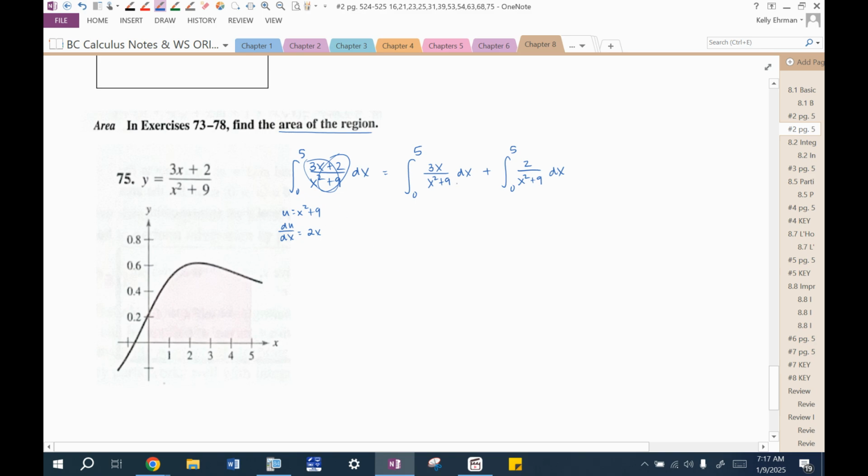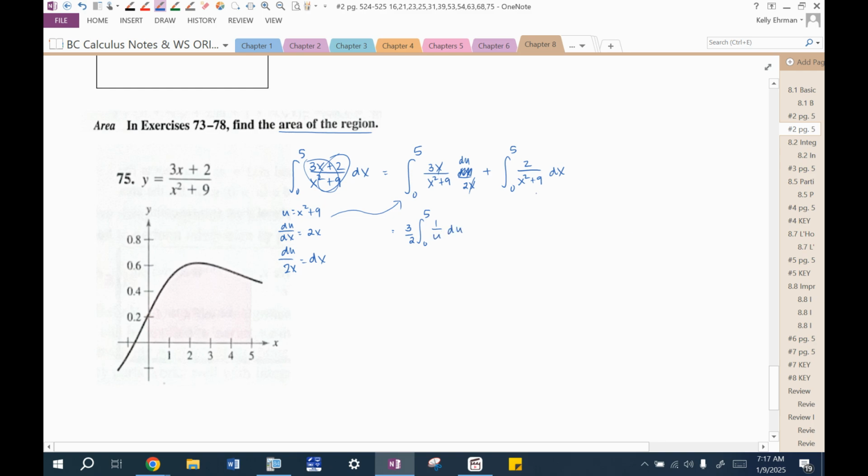All right, so this u sub is still useful for this first one here. So du divided by 2x will equal dx. So in place of dx, we're getting du over 2x. So the x's cancel. That means we have 3 over 2 times the integral from 0 to 5 of 1 over u du.